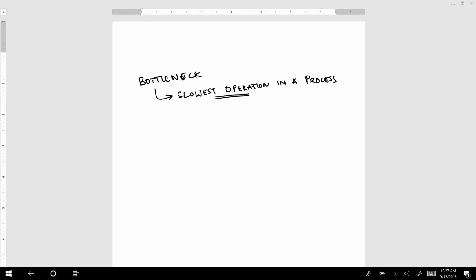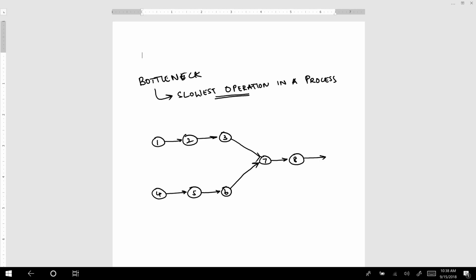Suppose we have a process. This is operation 1, and then operation 2, operation 3, operation 4, operation 5, operation 6, operation 7, operation 8, and then the output.